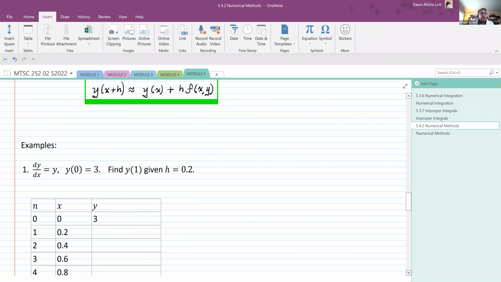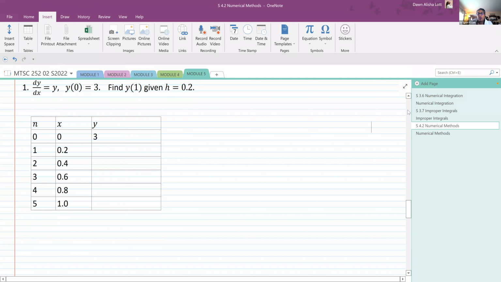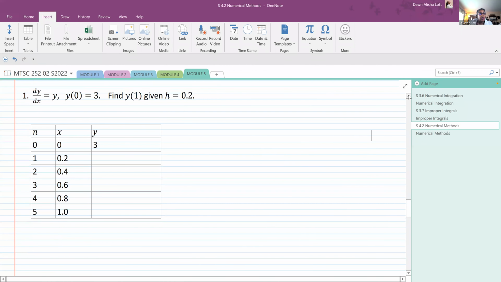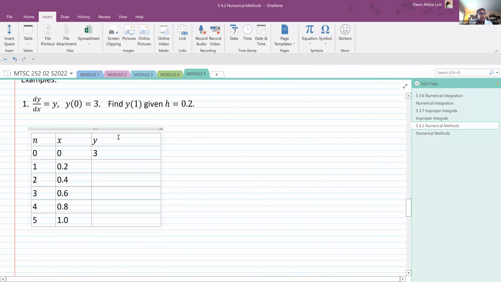I now need to find y at 1. So I'm going to get an approximation to y at 1. I've already drawn a chart, so you may want to draw the chart because this is what I'm going to use. For each value of n, I'm going to compute xn and yn. So for x0 and y0, I have 0 and 3. The first value x0 is 0.